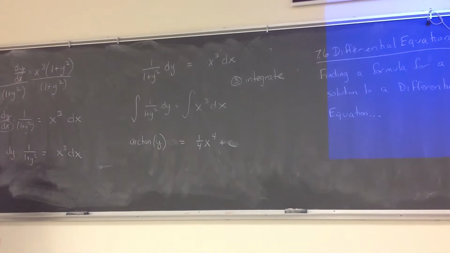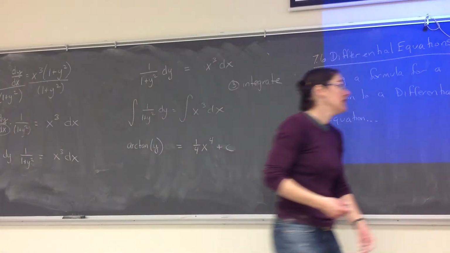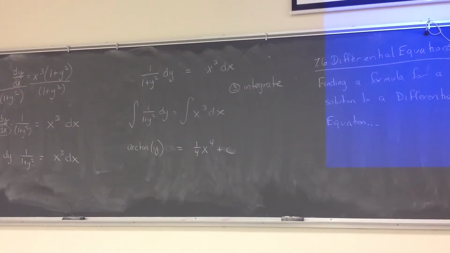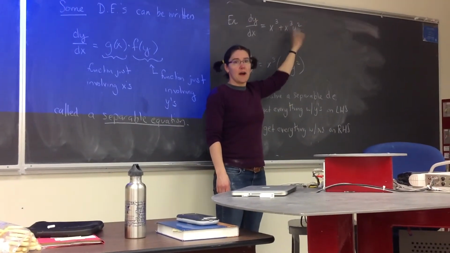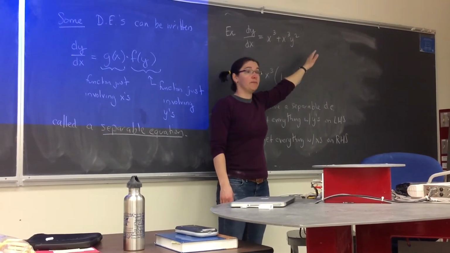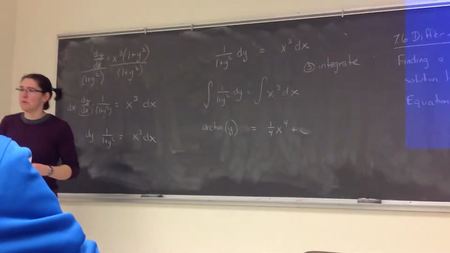So we have nearly solved this differential equation. Remember, the goal of solving a differential equation is to find a formula for y where y is some function of x, and whatever our choice for y is satisfies this equation right here. Okay, so I look back over at what we have over here, and we've got arctangent of y is equal to a quarter x to the fourth plus c.